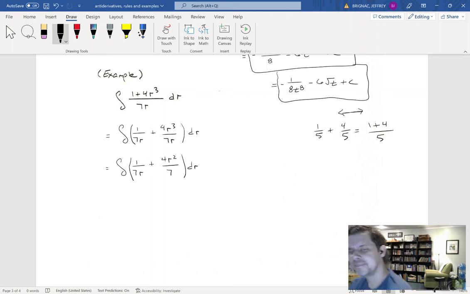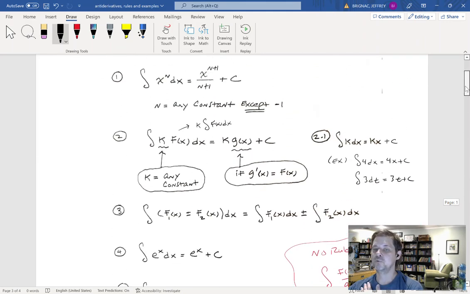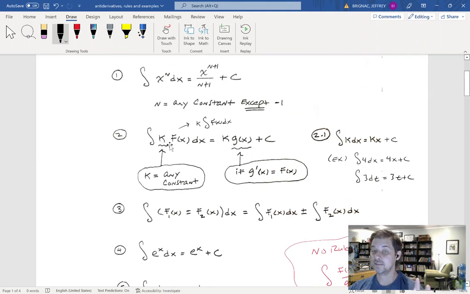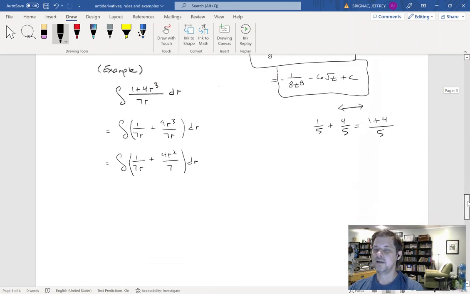Now, I think that it would be good to separate out some things, okay? Because I have my rule right here that says if I have a constant times a function, then I can find the antiderivative of that function and just multiply it by that constant. So like that constant just carries along. So I want to do that with both of these. I just want to make that a little bit more clear.